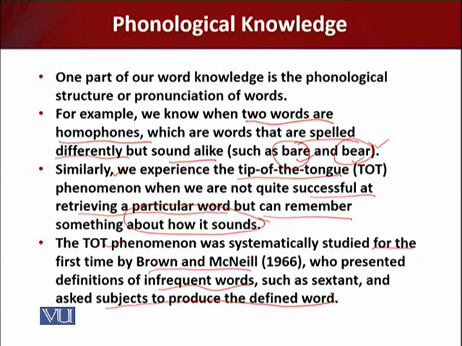When they were asked to define the word, subjects were in the TOT state, the tip of the tongue state. They retrieved but rejected similar sounding words such as secant.